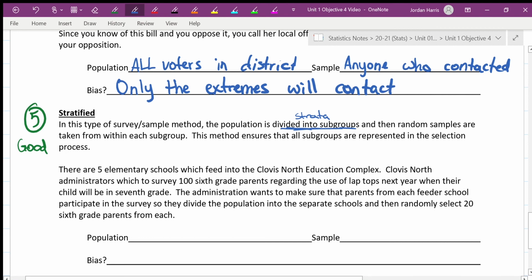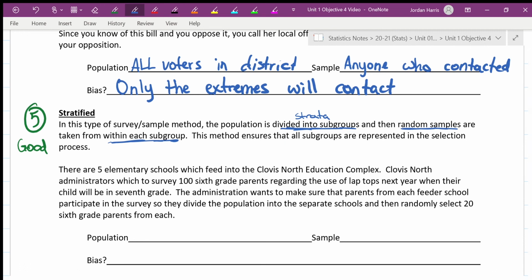I think it's a Latin root, I can't remember exactly, but it's strata, and that's what these subgroups are called. And then random samples are taken from within each subgroup. Okay, so we then randomly take samples within each separated subgroup.